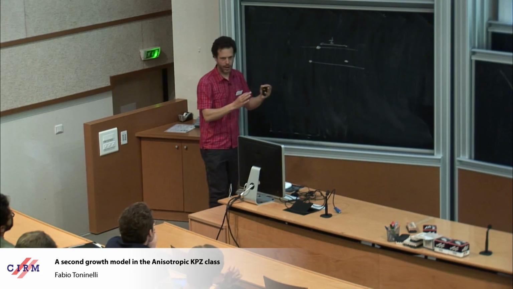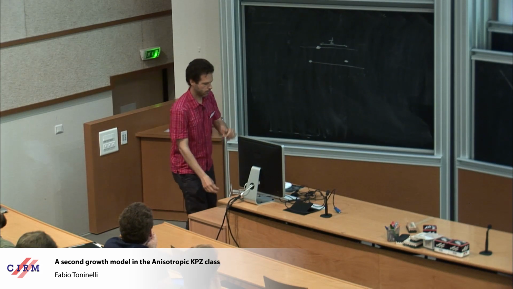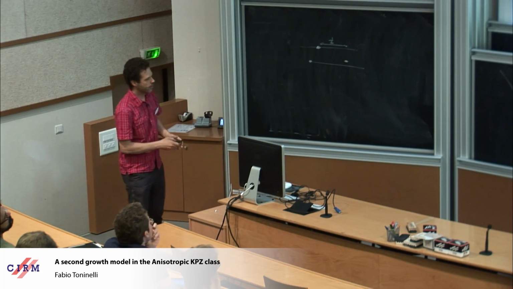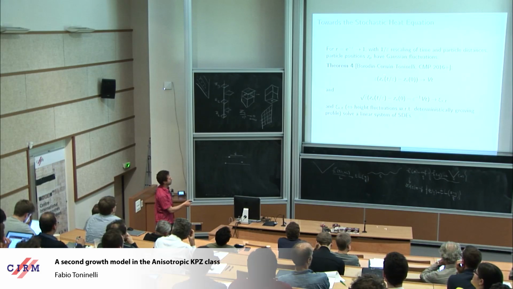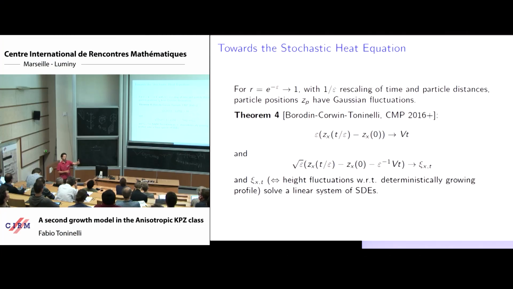So on scale 1 over epsilon, they are just equally spaced, and then you have little fluctuations initially. Then what happens? The first statement tells you that if you wait times of order 1 over epsilon, on these time scales, particles just move on straight lines. So it's a hydrodynamic type limit. On that time and space scale, things just move with speed v. V is something explicit I will not write down.